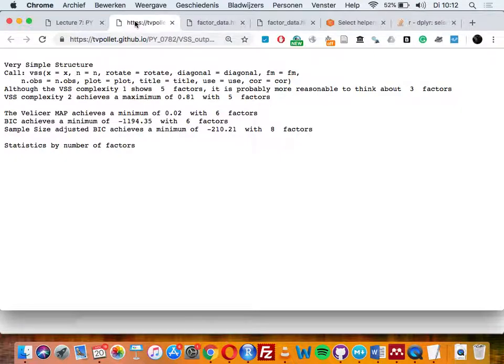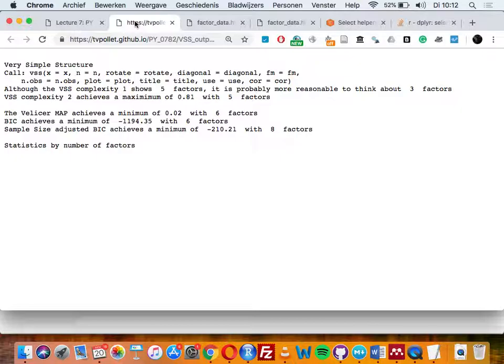VSS complexity 1 and VSS complexity 2 are the two ways you can do it. These calculations, again, you can read more about. There's so much stuff going on, but just for you to compare.